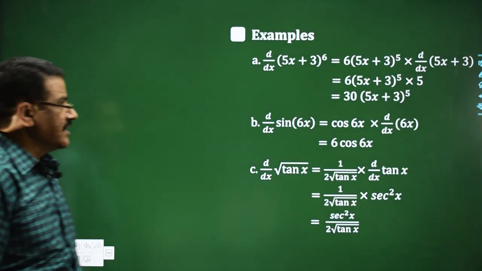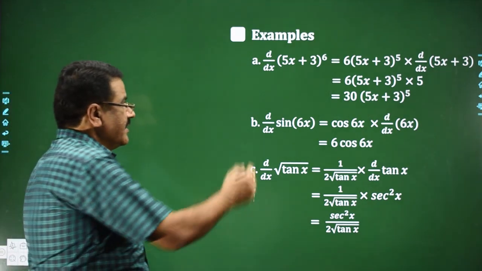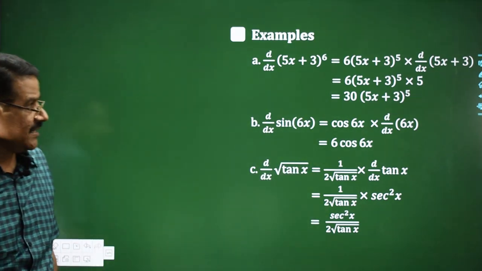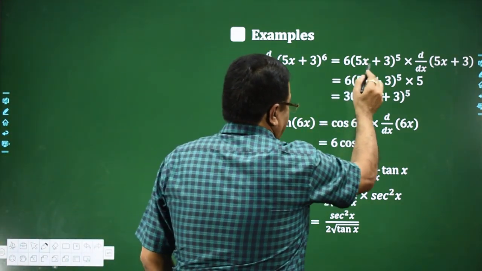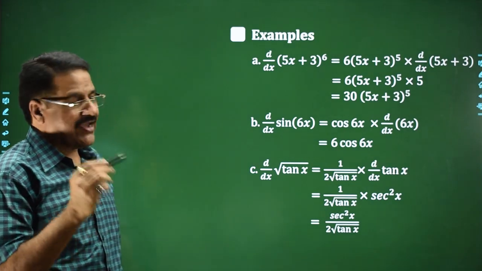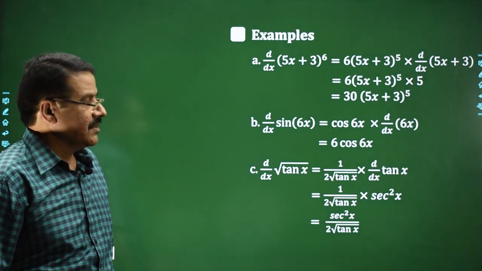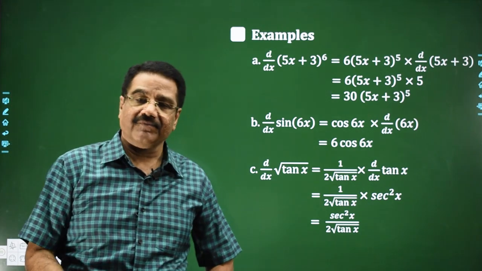Let us take now certain examples. The example is the same as whatever I explained just now. d by dx of (5x plus 3) bracket raised to 6 means 6 will come out and then the index will get reduced by 1. So, 6 into (5x plus 3) bracket to the power 5 multiplied by chain rule d by dx of 5x plus 3.